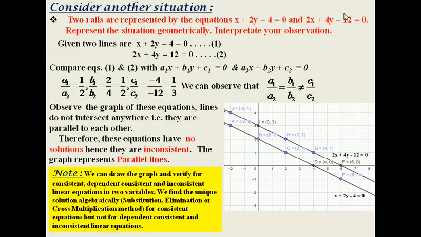That means for equations that have only one solution, we can find the exact or unique solution. For inconsistent and dependent consistent equations, it is not possible to find solutions mathematically or algebraically.